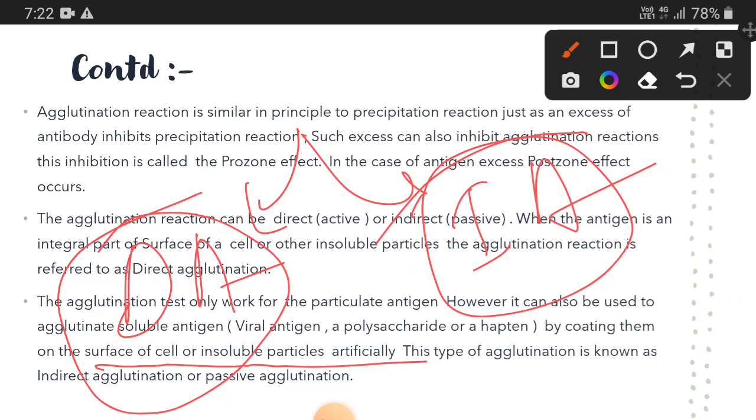This type of agglutination is known as indirect or passive agglutination, because here we are indirectly agglutinating soluble antigen. That is why the term indirect or passive agglutination.